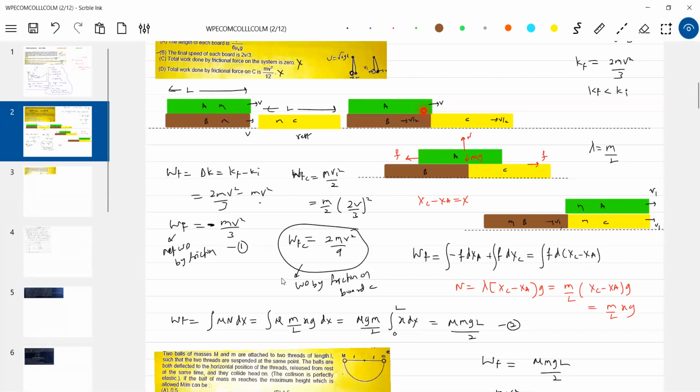The moment it starts entering again, there is no friction between A and B. This friction that I'm showing here is between A and C only. It does negative work on A and positive work on C. There's no friction between A and B. This is the distance x. For this normal contact, only this part of the weight has to be taken. That's why we have broken things up like this.